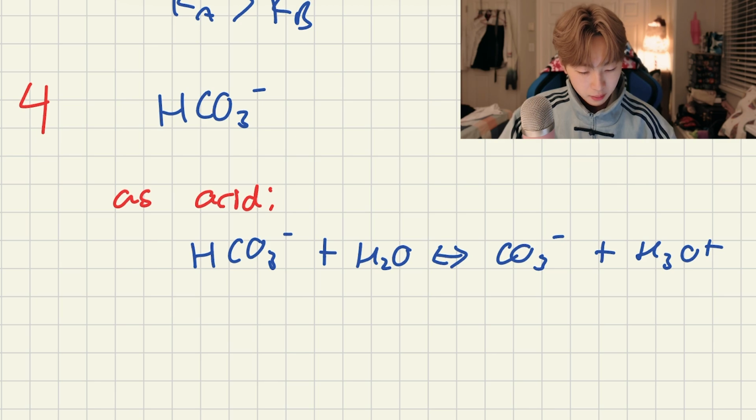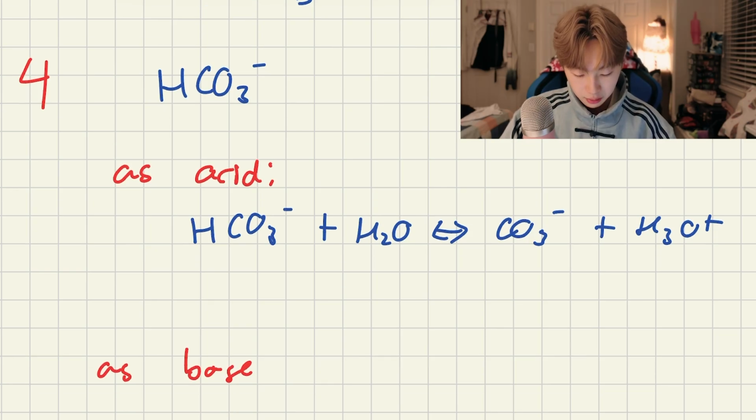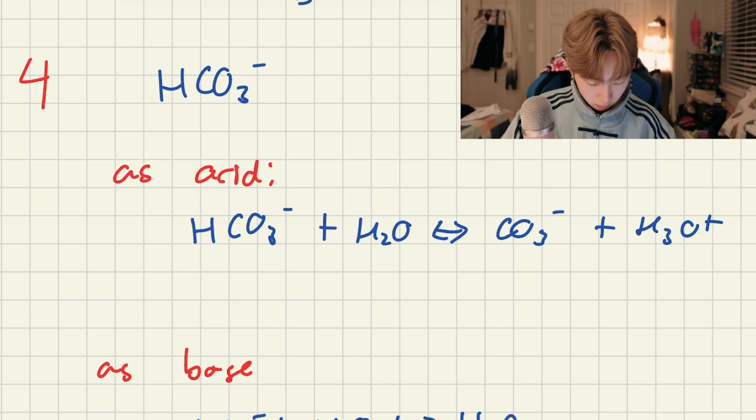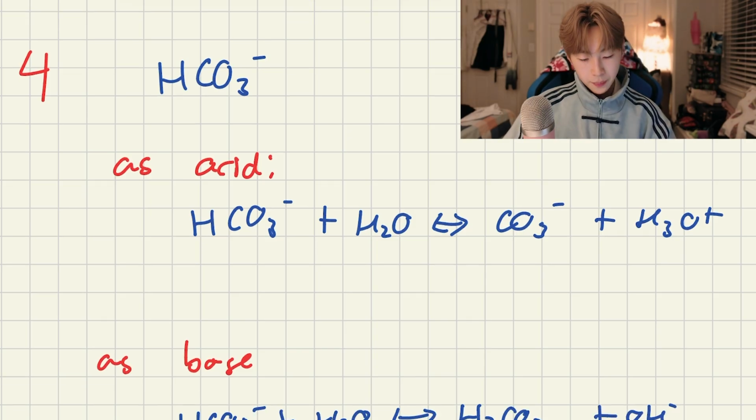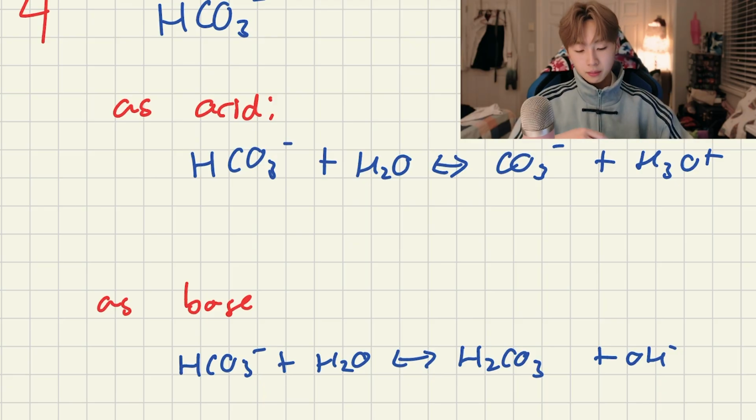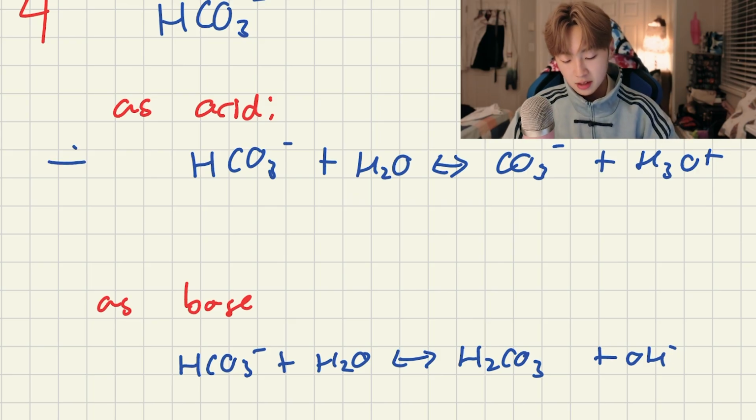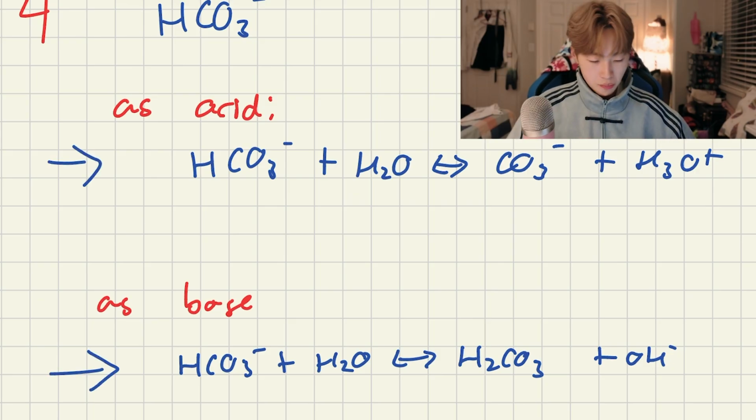Okay, now as a base, it's going to be accepting that hydrogen or that proton instead of giving it. And now we want to find out which one will occur to a greater degree. This top equation as an acid or this one as a base.